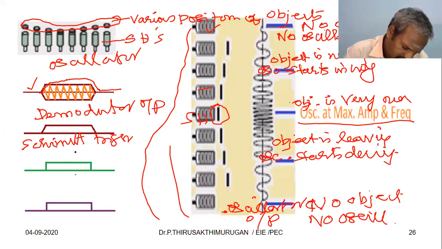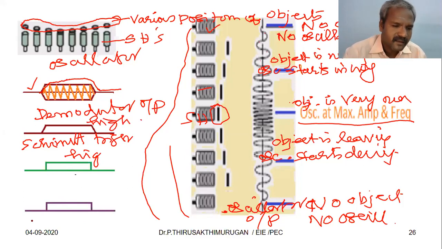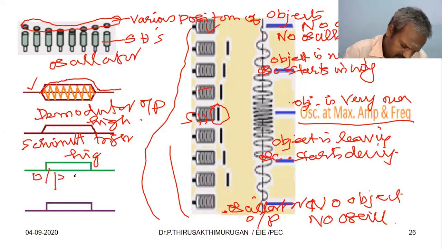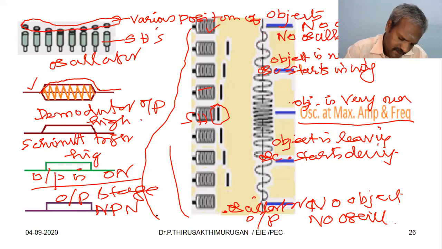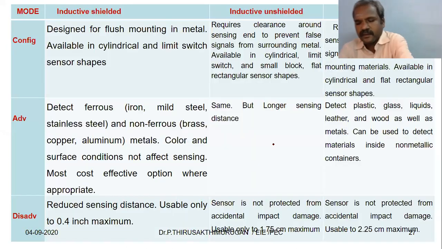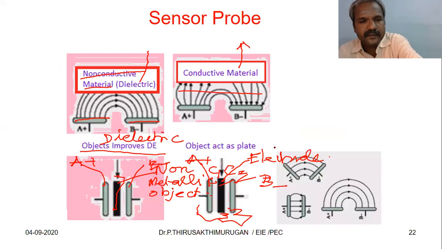Understand? Since we use an NPN transistor here, the output is on, meaning the output is triggered on. This is the output stage, the NPN transistor output.